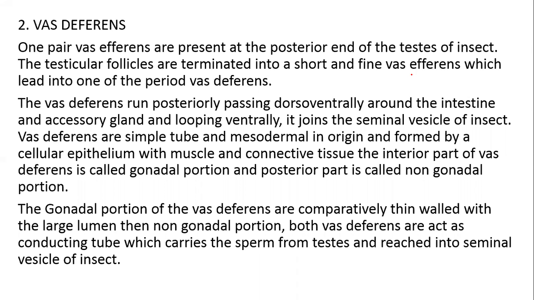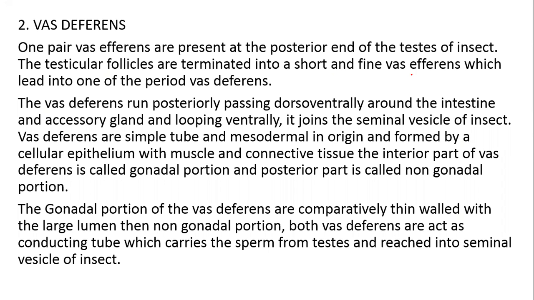The vas deferens runs posteriorly, passing dorsoventrally around the intestine and accessory glands and looping ventrally. It joins the seminal vesicle of the insect. Vas deferens are simple tubes, mesodermal in origin, formed by a cellular epithelium with muscle and connective tissue.